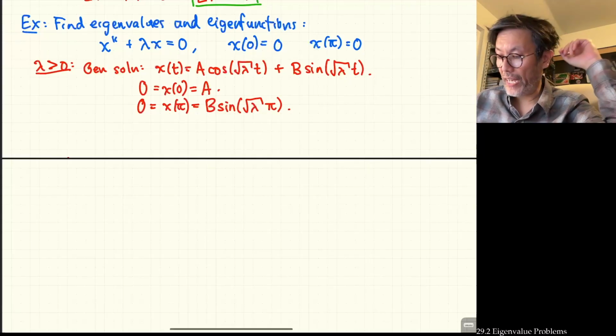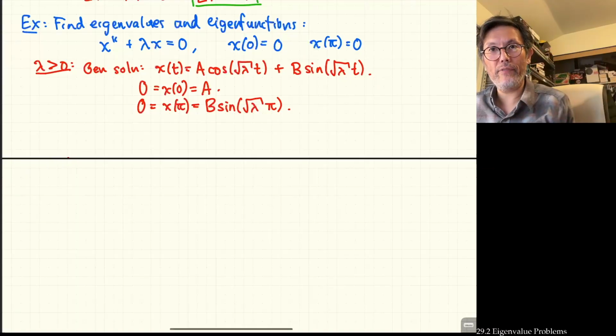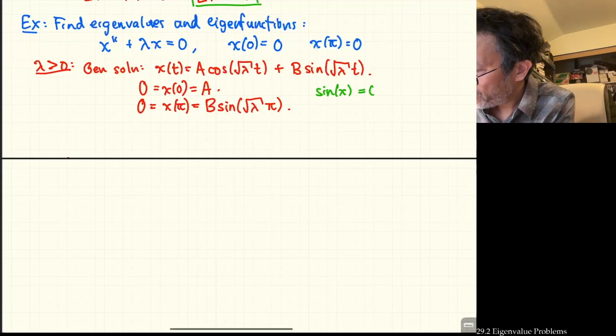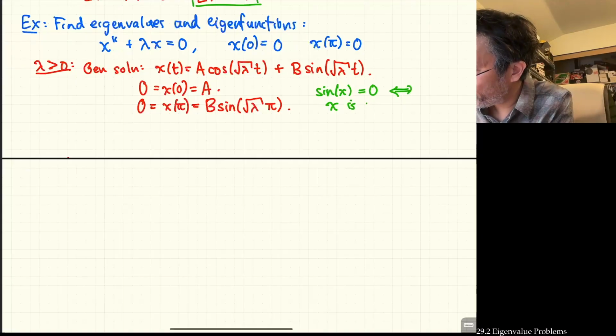Now, here's a fact that I hope you have all incorporated into your mathematical worldview. Sine of x is 0 precisely when x is an integer multiple of pi.